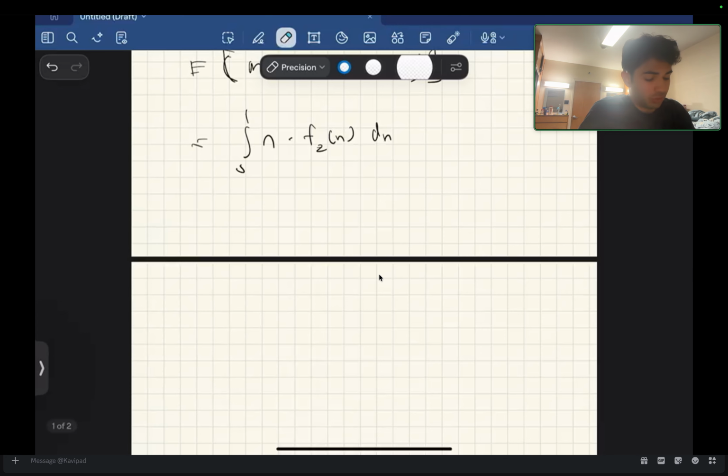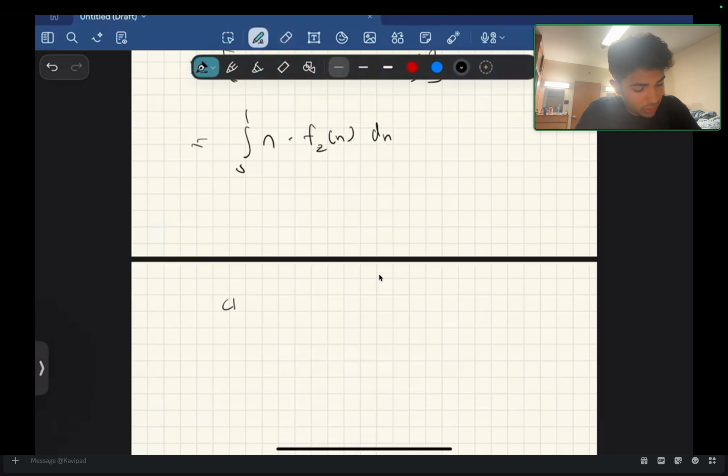The CDF of Z is F_Z(n), which is equal to the probability of Z being some number between 0 and n, every value from 0 up until n.